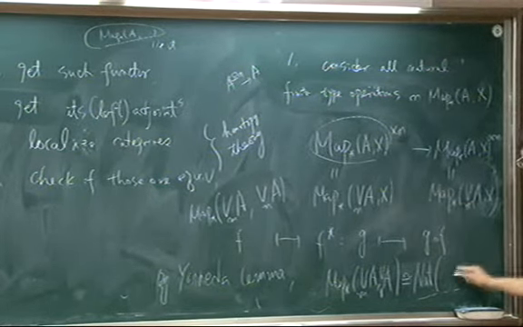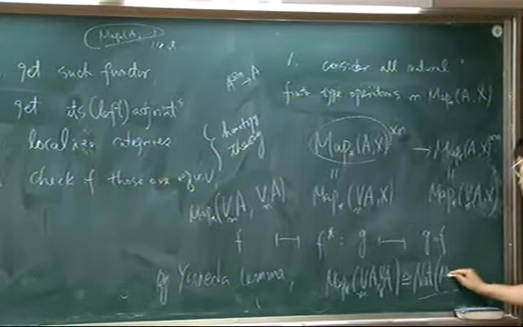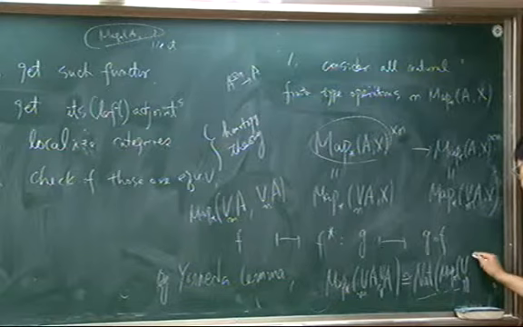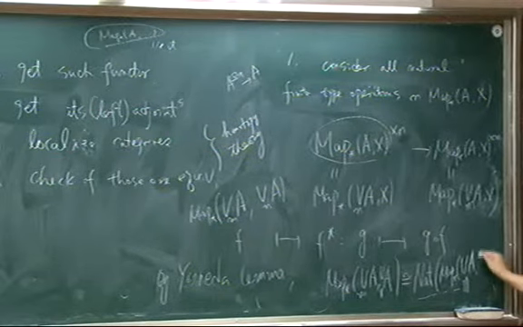You can forget about X. So this is maps from this functor to the hom functor.